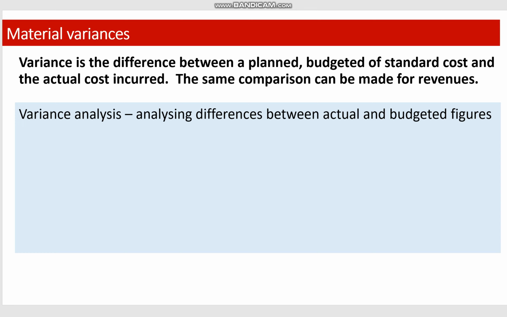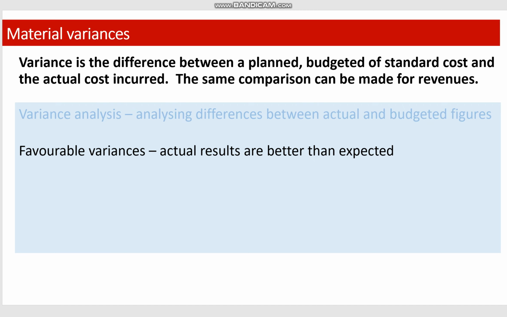Okay, so variance analysis. In the variance analysis, we analyze differences between actual and budgeted or standard figures. Sometimes we end up with favorable variances when actual results are better than expected. So actual costs are lower than expected or actual revenues are more than expected.